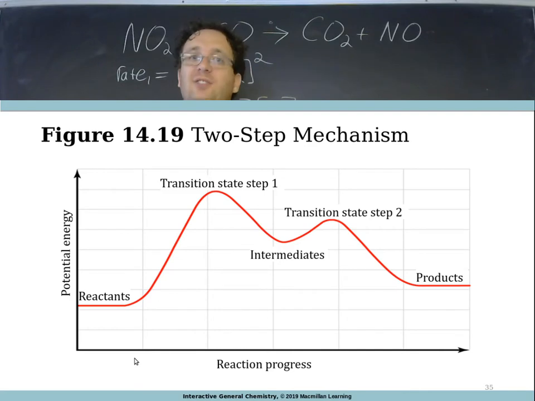That first step has a much larger energy of activation, and so you would expect that the first step is slower. Or if we're doing the reverse, if I give you a reaction mechanism where the first step is slow and ask you to draw the energy coordinate diagram, then you better draw that first step as having a larger energy of activation.